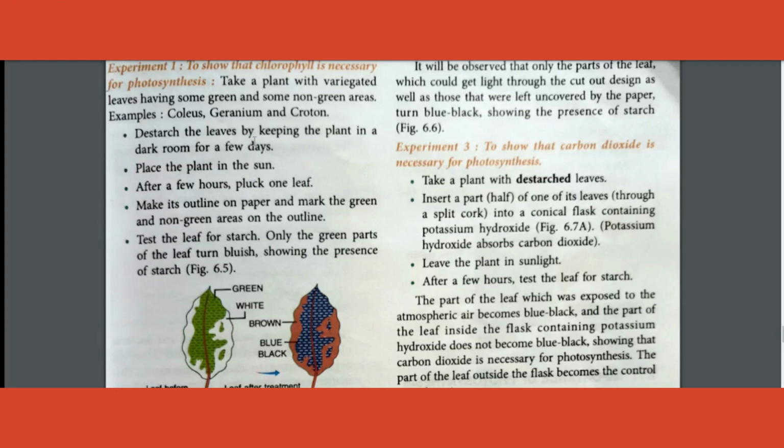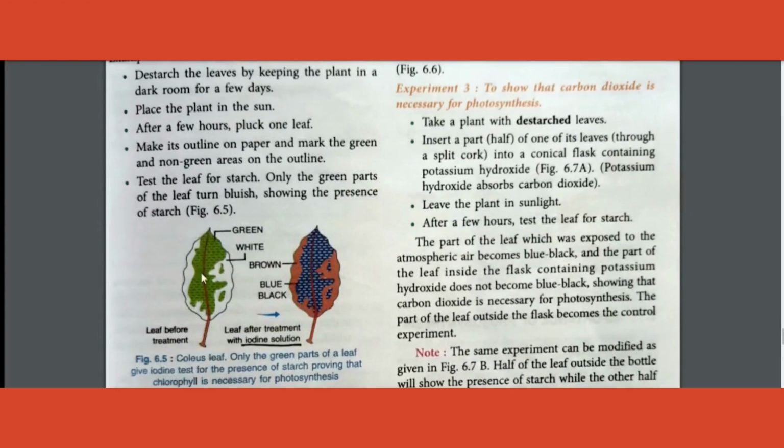Once that is done, obviously after de-starching, we need to keep it in the sun, only then will photosynthesis occur. After that, we select one leaf and check it for the presence of starch. If starch is present, photosynthesis has occurred.